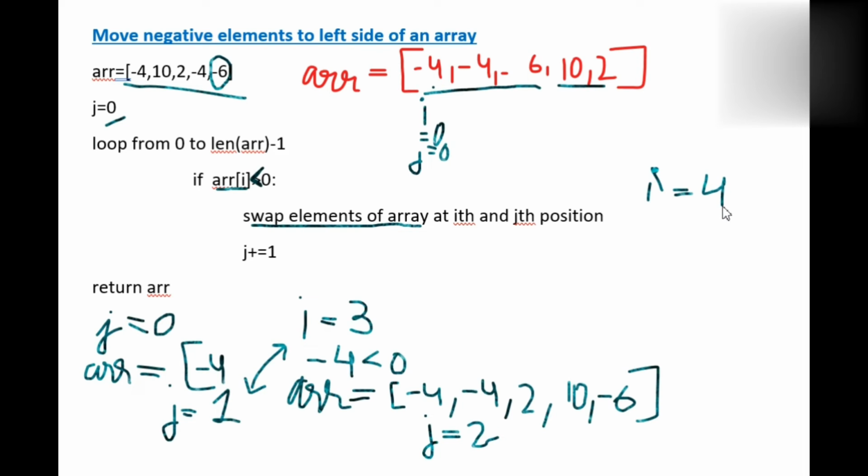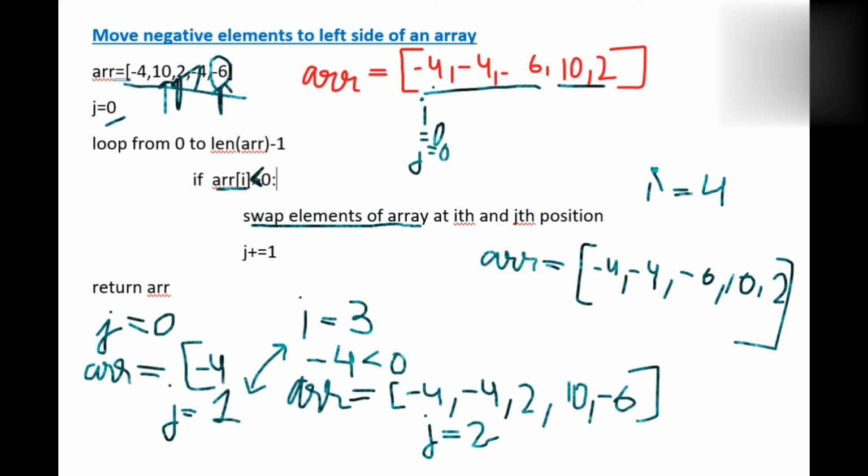Then we will swap the element of I equals to 4 and j equals to 2. So we will swap the elements at the jth position and the ith position. So we will get the array. This is our output.